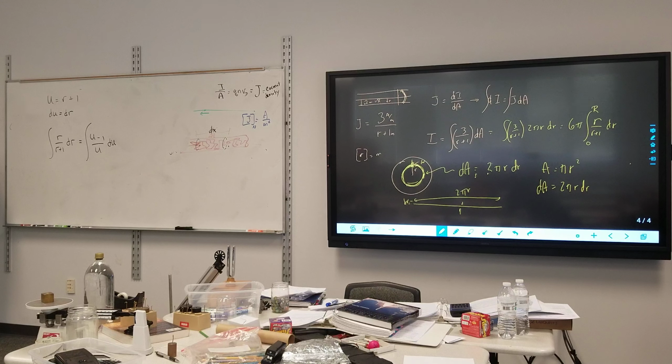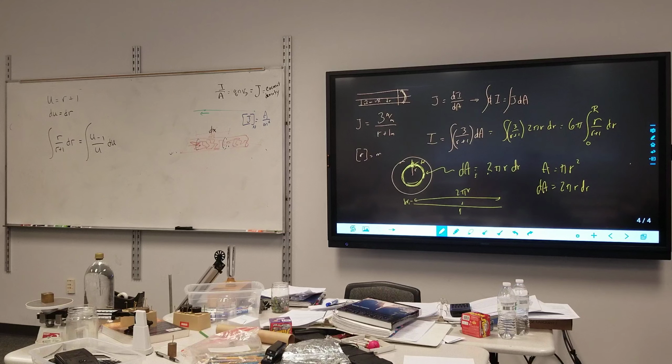Now what? A v substitution, setting v equal to u minus 1, probably not a good idea. We can separate it into two, correct?